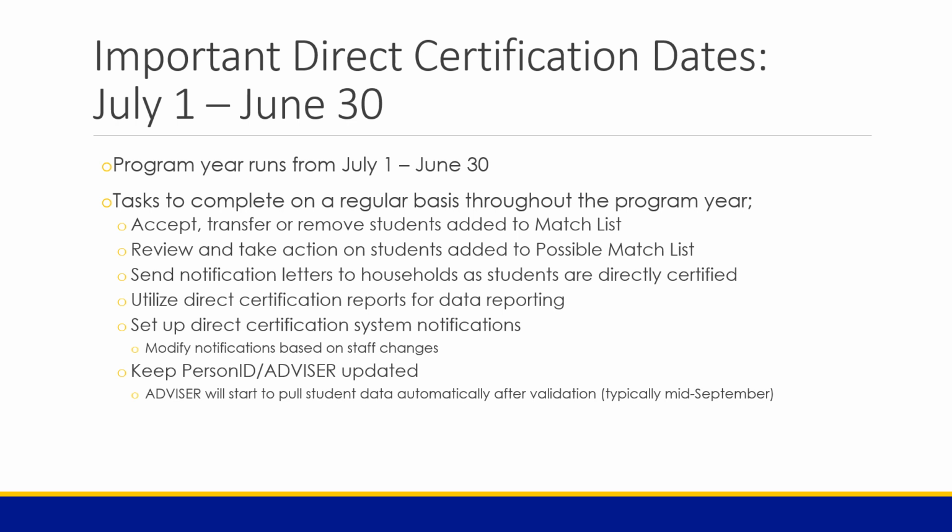Also, setting up direct certification system notifications might be necessary for staffing changes that occur throughout the school year, in addition to keeping Advisor Person ID updated, which we talked about on the previous slide and will continue to discuss throughout the training.